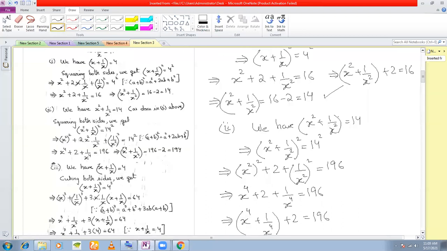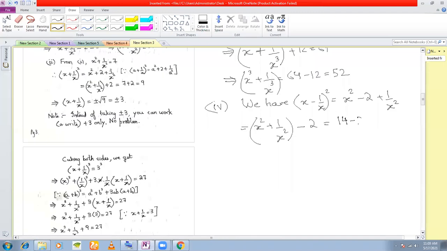We put the value here: 14 minus 2, which is 12. So we have got x minus 1 by x whole square is equal to 12. That means the value of x minus 1 by x is plus or minus square root of 12.